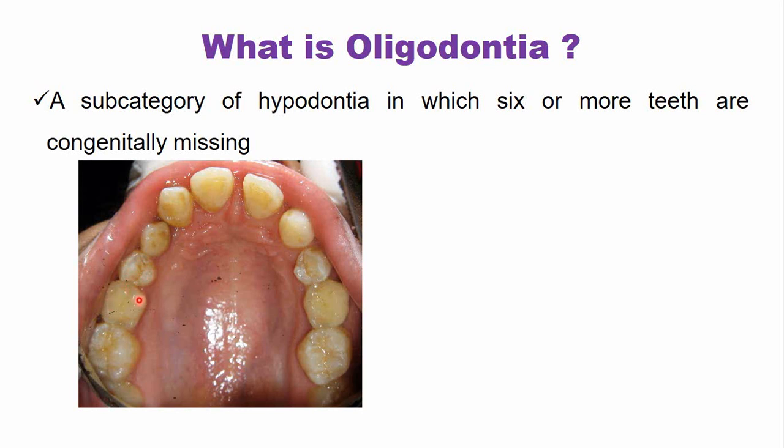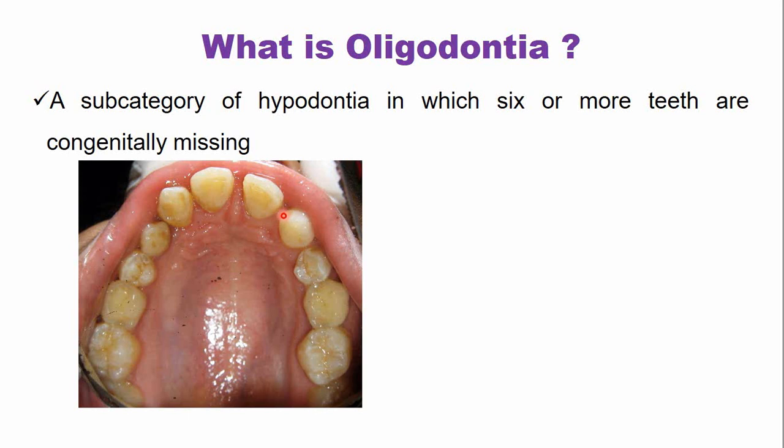This is the retained deciduous maxillary second molar. So the maxillary second premolar is missing. In addition to that, this is the permanent first molar, second molar, and in this patient the third molar is also missing.